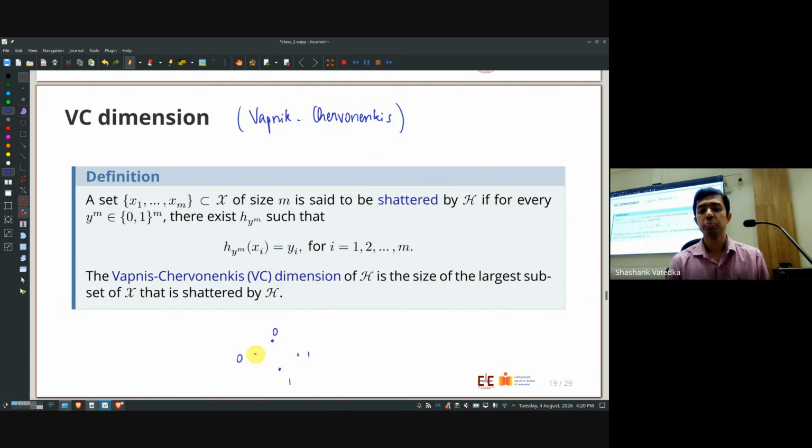For this labeling, I should be able to generate it using some function from H. I take another labeling, I should be able to find some other function that gives me that particular labeling for those 4 points, and so on. If using the functions from H, I can generate all possible 2 to the m labelings of these m points, then I say that this set is shattered by the hypothesis class. So shattering basically means I can generate all possible labelings using the functions from my class.